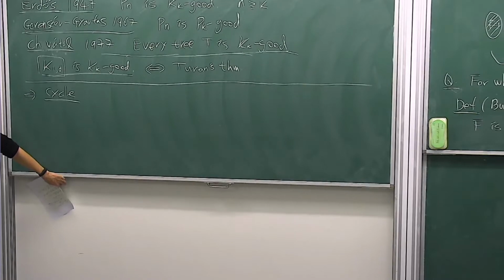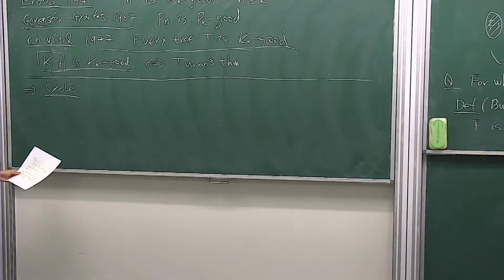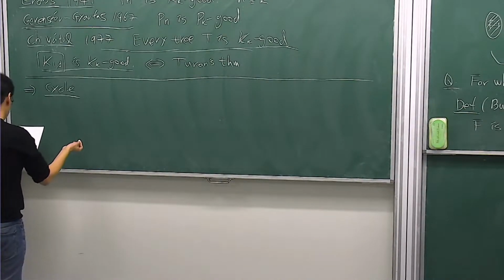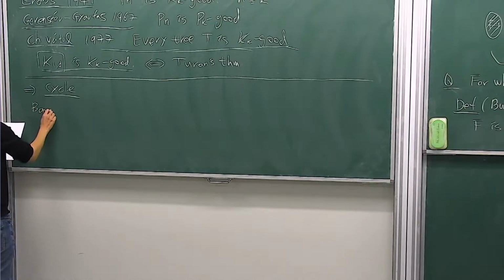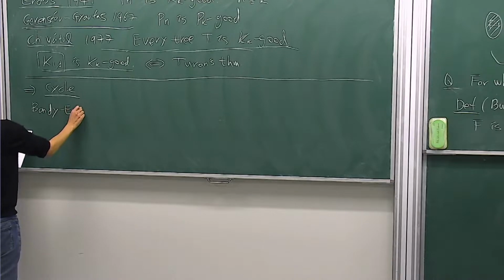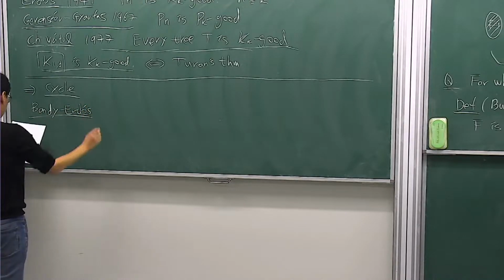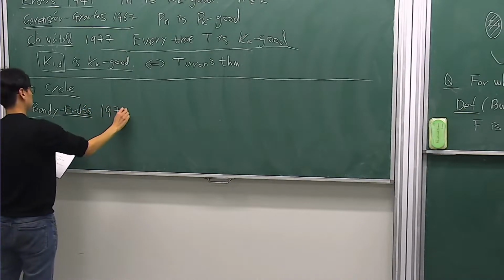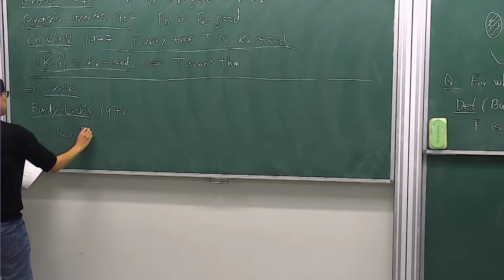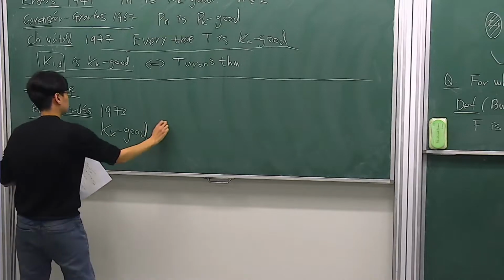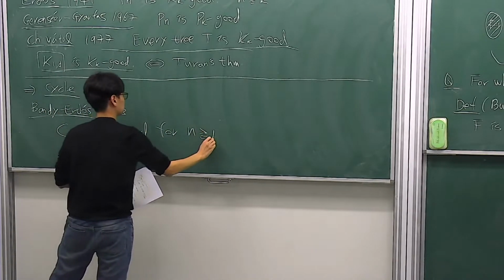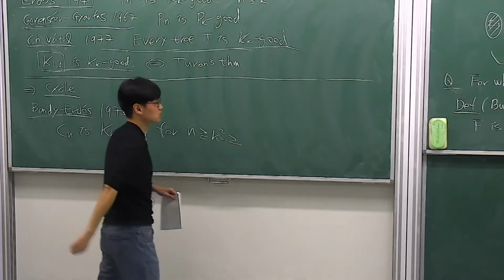So the next natural thing is to move to cycles, which people have also considered. Bondy and Erdős, 1973, showed that C_n is K_K good if n is bigger than, say, k squared minus 2.